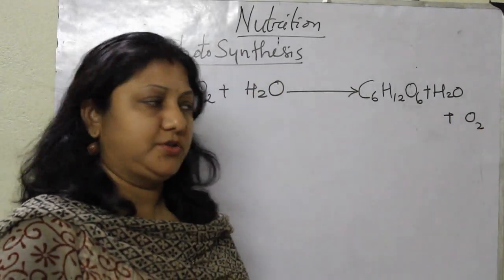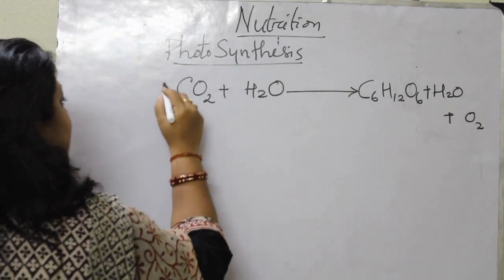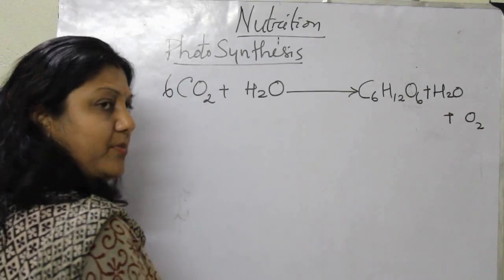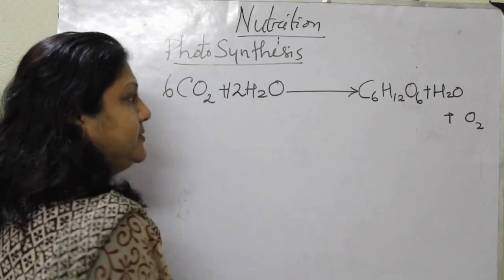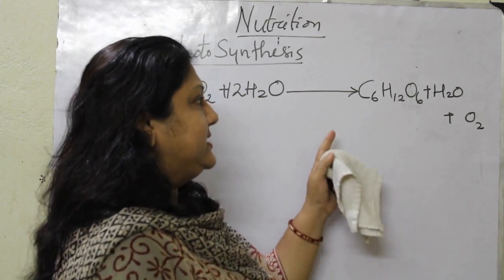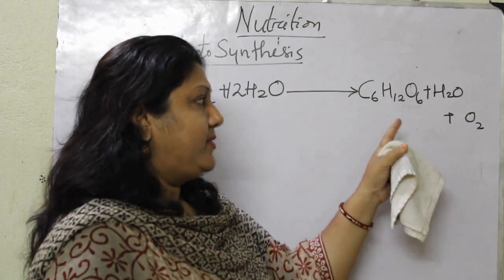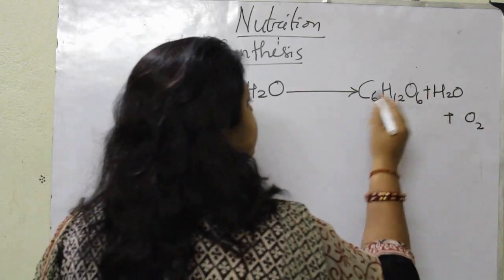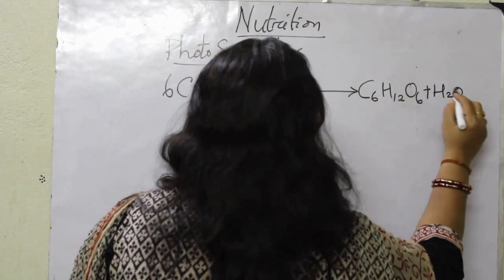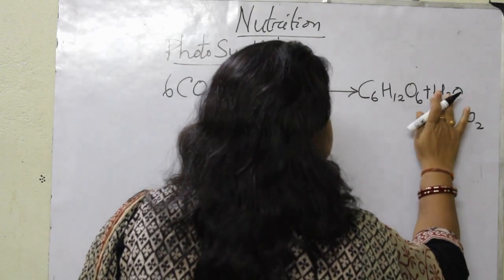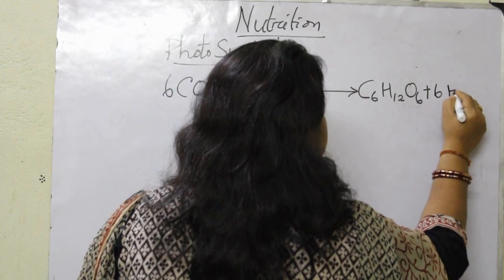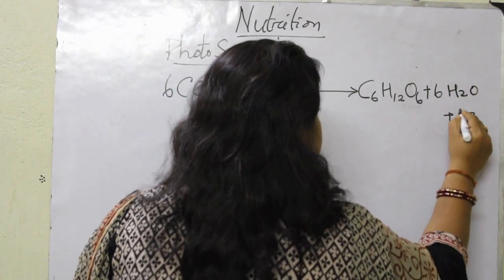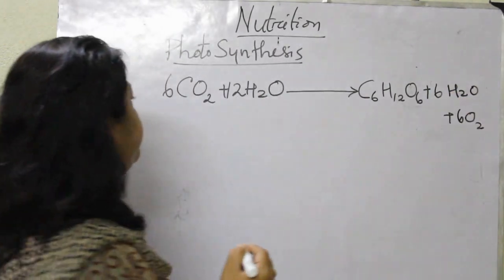Now we can balance this equation. 6 CO2 plus 12 H2O produces C6H12O6 plus 6H2O and 6O2.